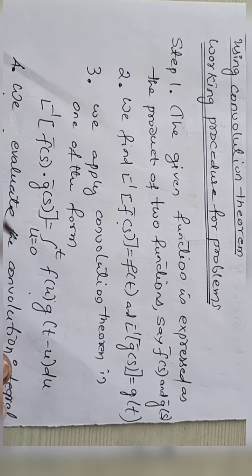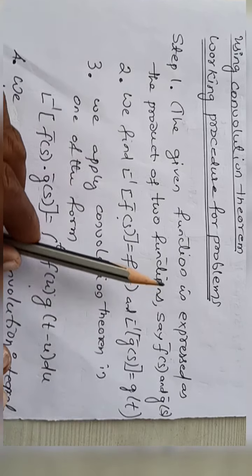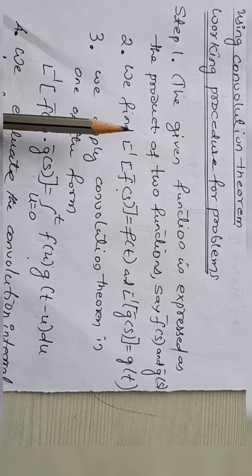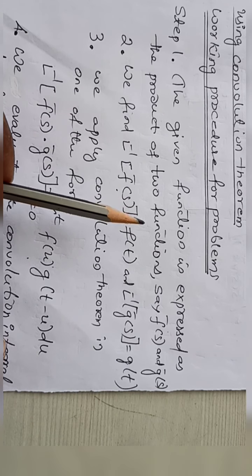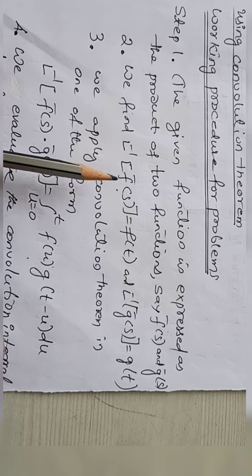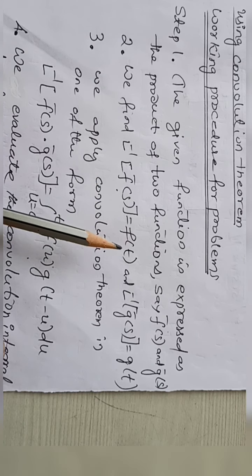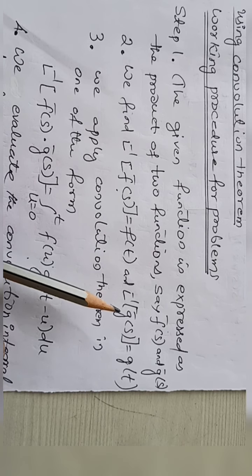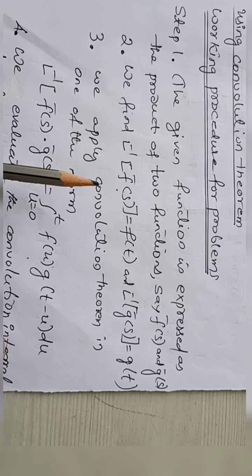So the working procedure, what we have to do. In step 1, the given function is expressed as the product of two functions. So we have to split the function into two products, say f bar s and g bar s. In the next step, we find Laplace inverse of f bar s, that is equal to f of t, and Laplace inverse of g bar s, it is equal to g of t.